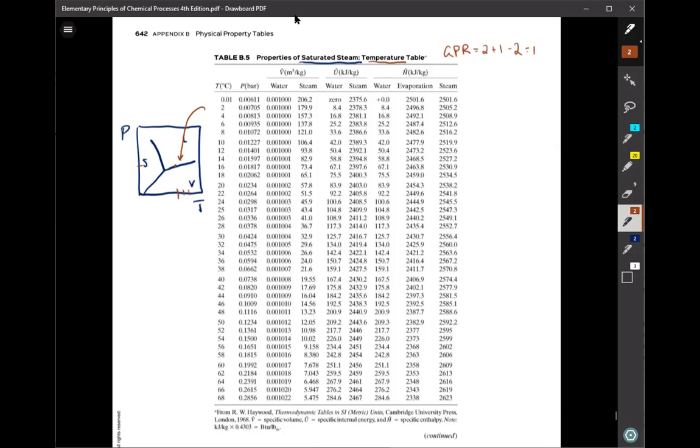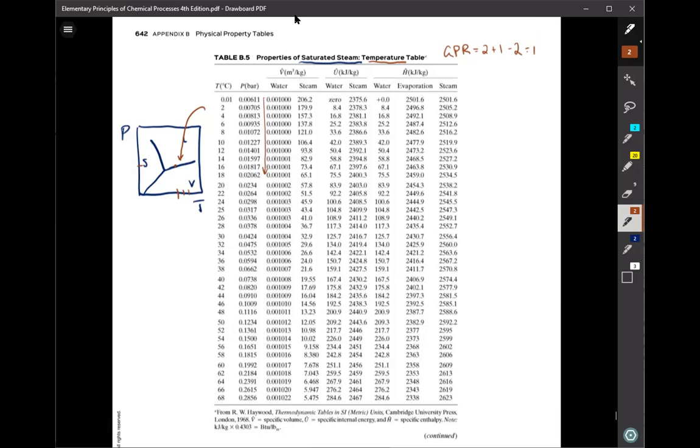The next 2 columns are the specific volume. So this is the inverse of density for water and steam. So we have been using 1,000 kilograms per meter cubed for water as the density. So therefore the inverse, the specific volume of water, would be 0.001 based on that. And if you look at how the specific volume of water changes as you go down and increase temperature, notice that it doesn't really change all that much.